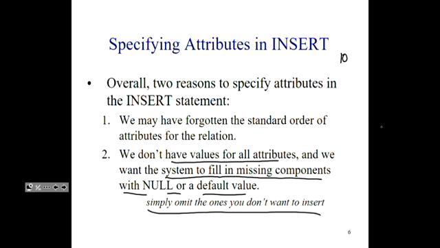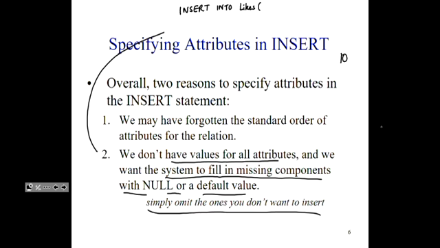So as an example for the likes case, I can easily do insert into likes, and let's say I wanted to insert into likes, which has person and beer, the fact that I know that this person needs to be added into this relation, but I don't know which beer they like.